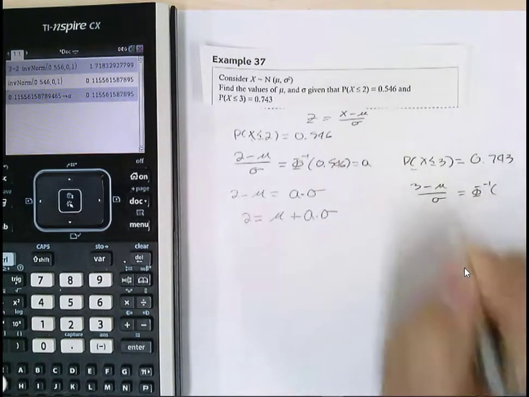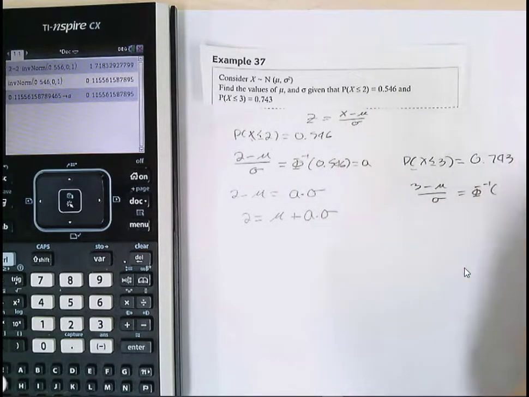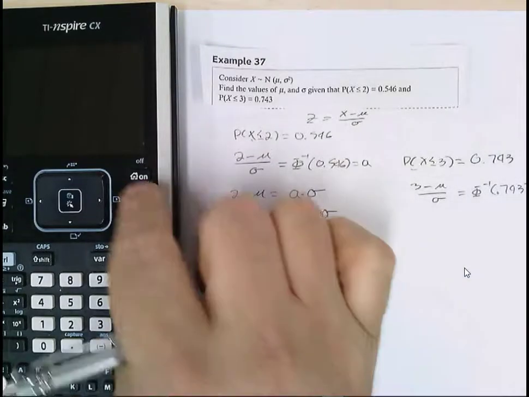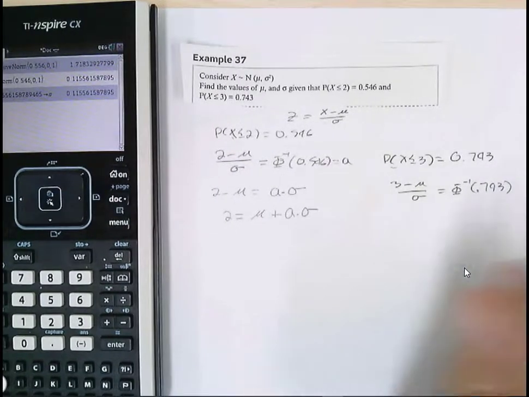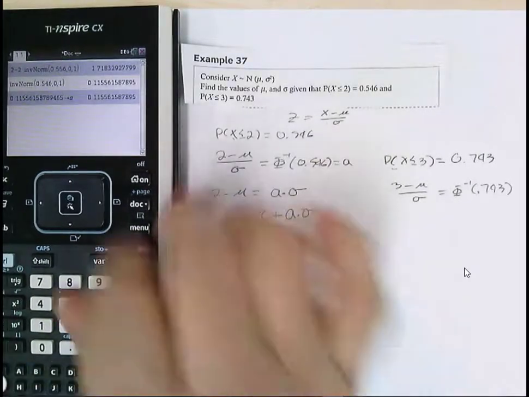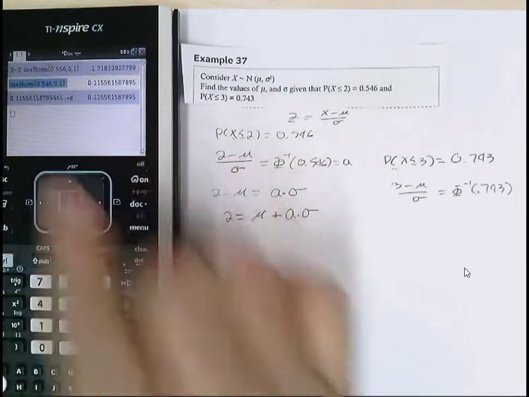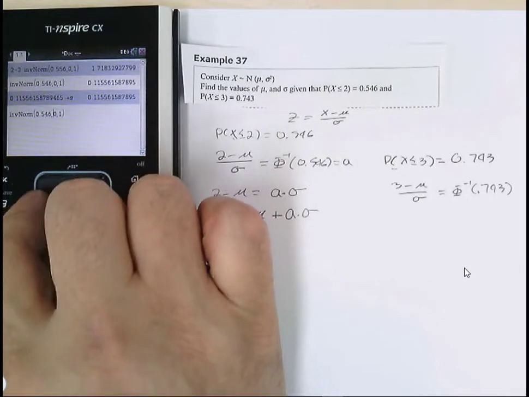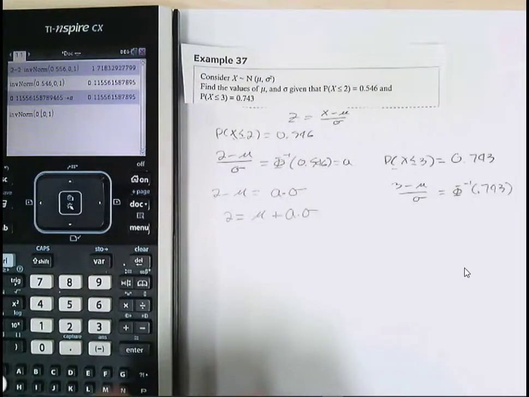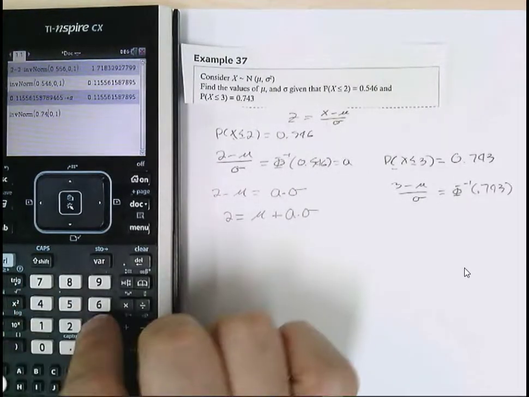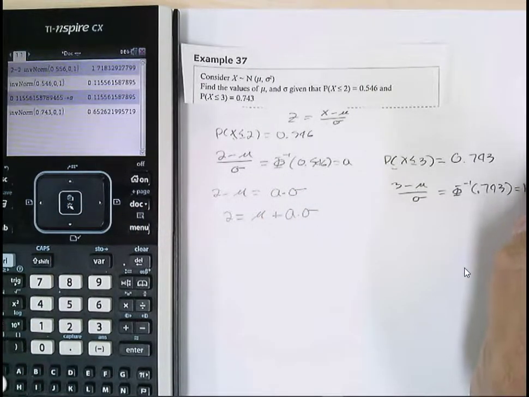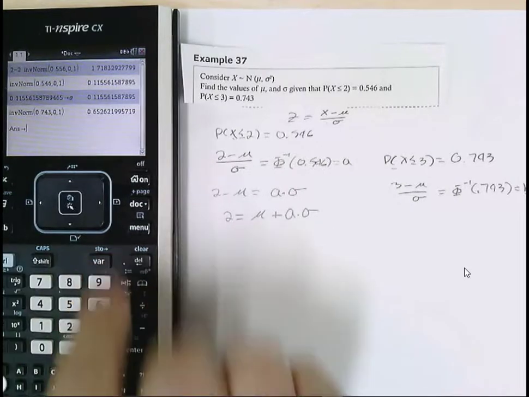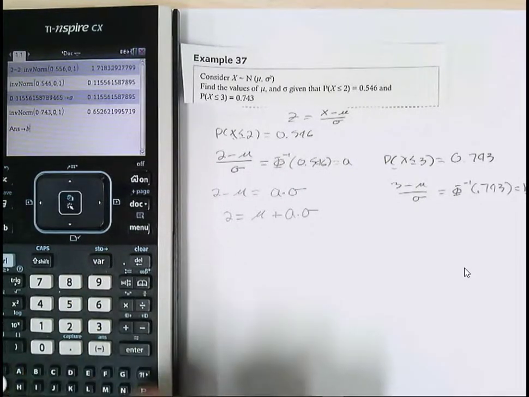I've normalized it, so the inverse of the normal has to come out to 0.743. And then I'll do the same thing that I did before. I'll find out what this value is, put in 0.743, and now I know what that value is. I'll store this as B, something different.